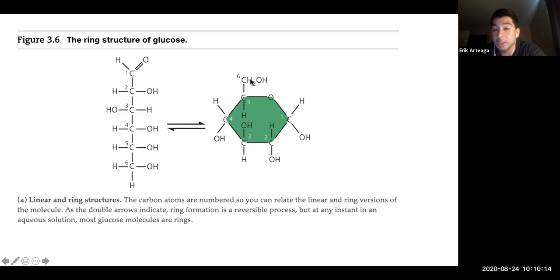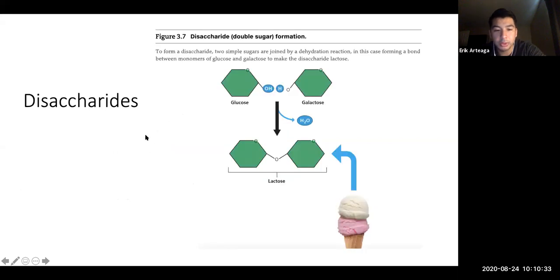You'll see this with the deoxyribose sugar in DNA, or ribose in RNA. You'll see that the ribose sugar will form like this as well. But again, ribose is a 5 carbon sugar, so a little bit different.